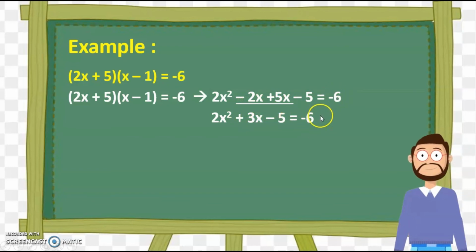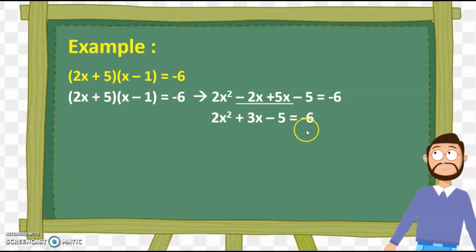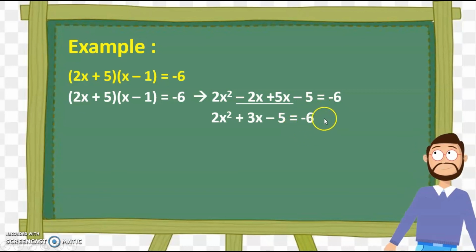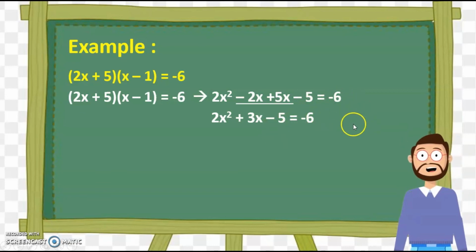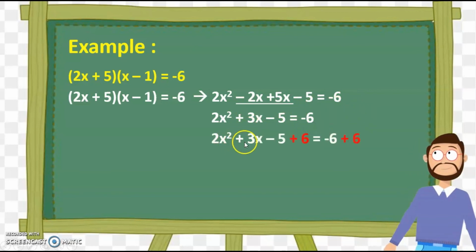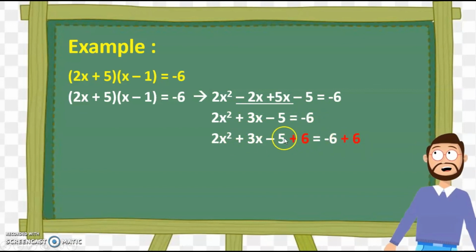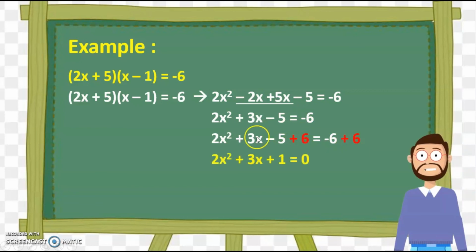After that, make the right side of the equation equal to 0. To do that, we have to add positive 6 to both sides of the equation. So we have here 2x squared plus 3x minus 5 plus 6 equals negative 6 plus 6. After that, simplify.